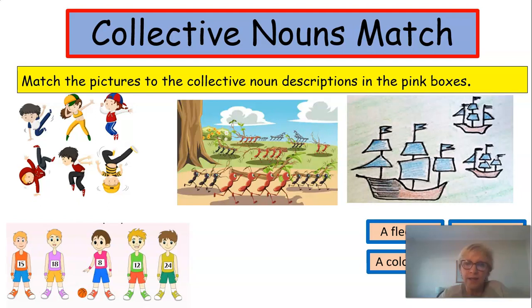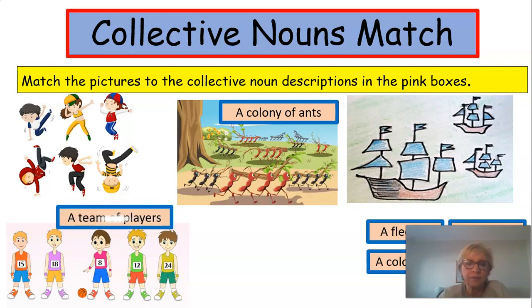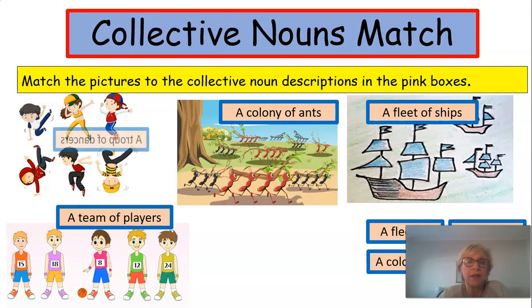For instance, a colony of ants can also be called an army of ants. And if you are finding out about collective nouns when you do your activity worksheet later on, you'll notice that you will often find that there are two different examples for some of these groups of things. Here we have a team of players, a fleet of ships, and a troupe of dancers.